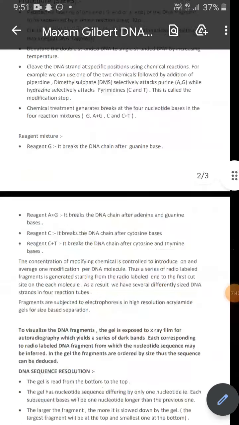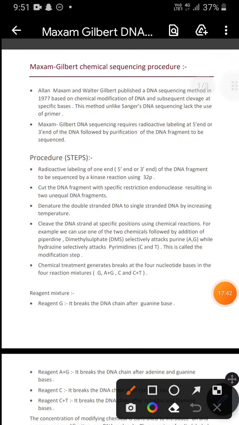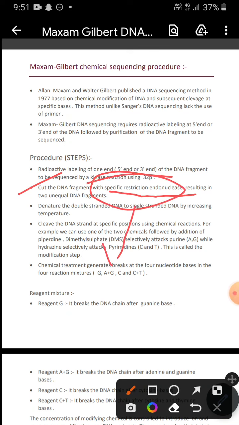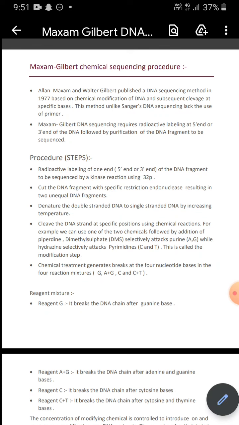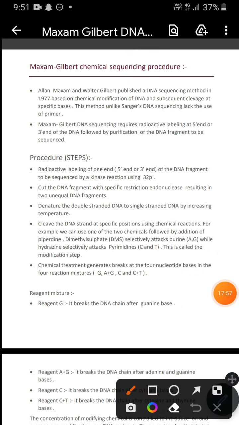Both processes are the same. Now we will cut the DNA fragment with a specific restriction endonuclease, although for determining what is present at the 5' end, I will prefer you to use a restriction endonuclease mixture, resulting in two unequal DNA fragments. Then we will simply denature it to convert it to single stranded by increasing temperature, and cleave the DNA strand at a specific position by using a chemical reaction.